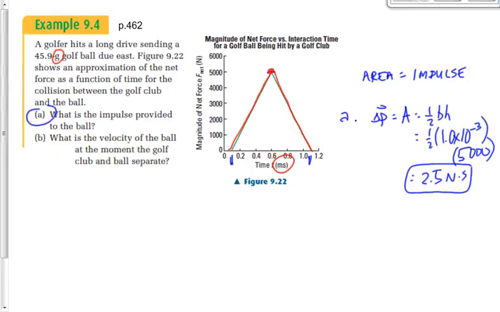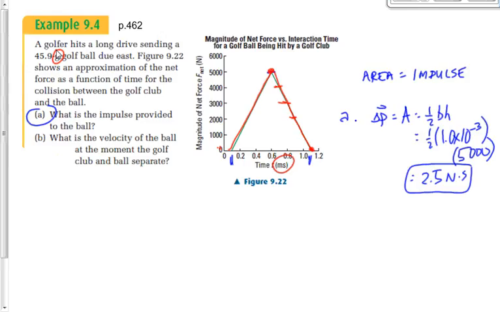At this point, the force is 4,000 newtons and 3,000 newtons and 2,000 newtons. If the club isn't touching the ball, how do you have a force of the club on the ball of 4,000 newtons? The point where the ball and the club separate is when the club is not pushing on the ball, when the force between the club and the ball is 0.